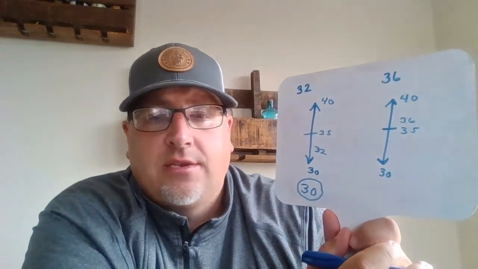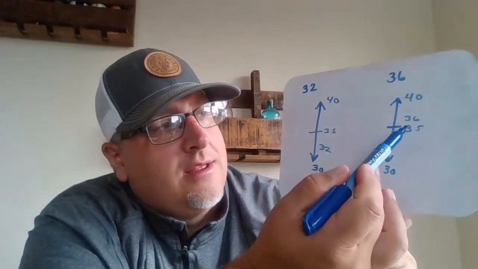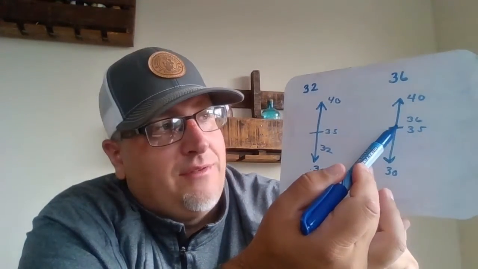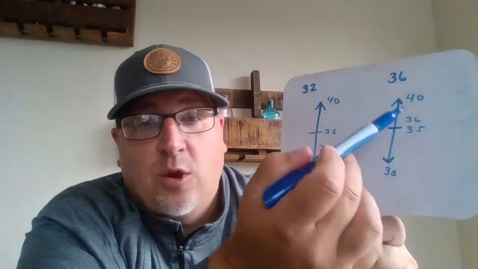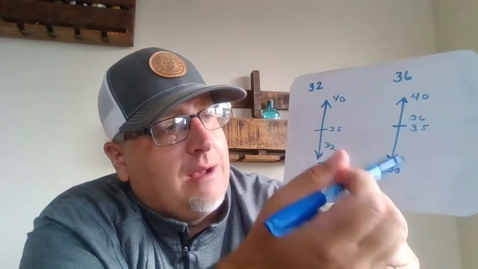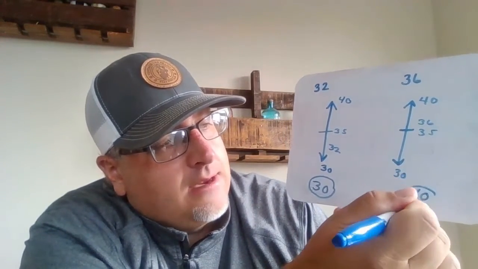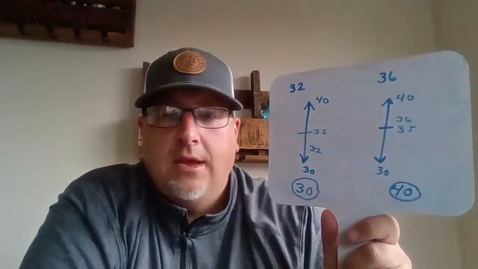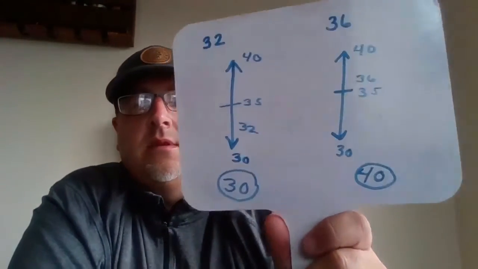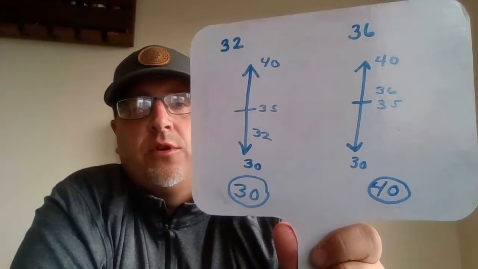And there's that 36. So guess what? There's that midpoint. It's above it. We know we're going to round up. It ended with that 6, so we know that's going to go up. So 36 is going to become, you guessed it, 40. There's our rounding using that vertical line.